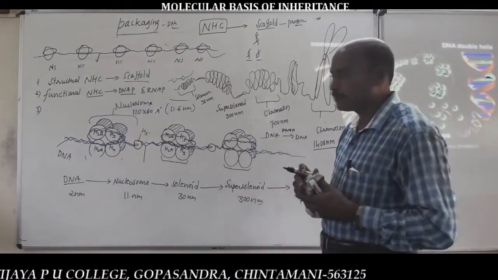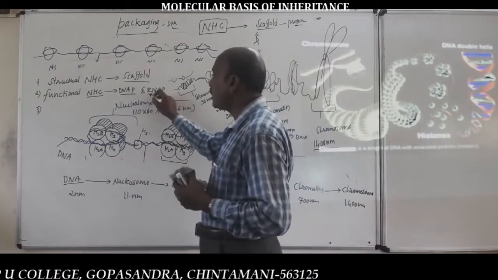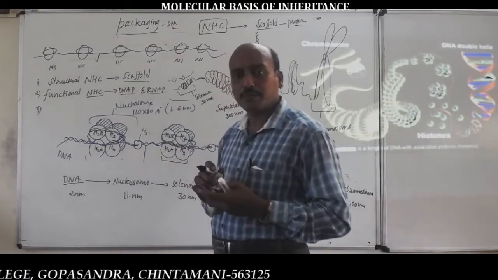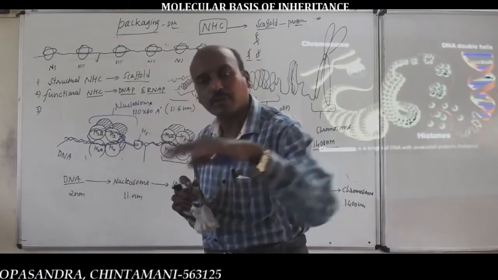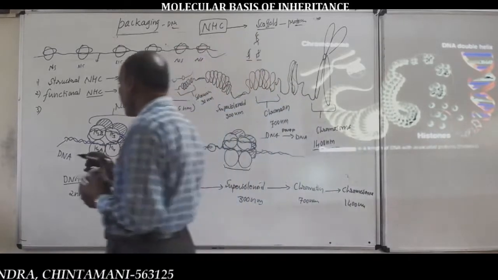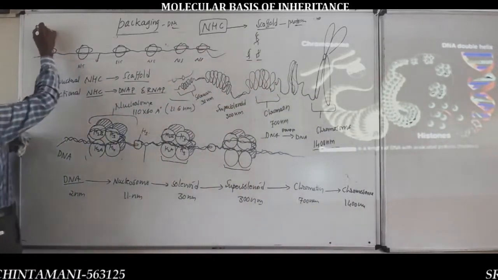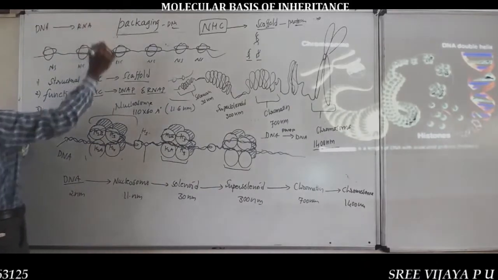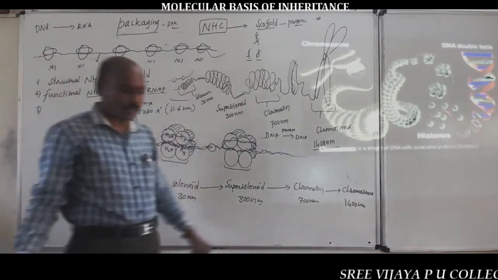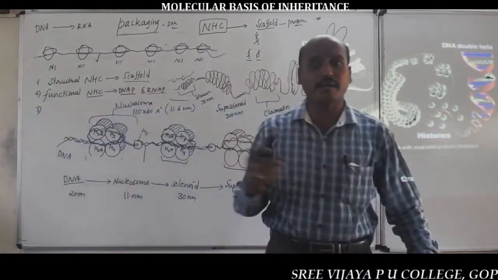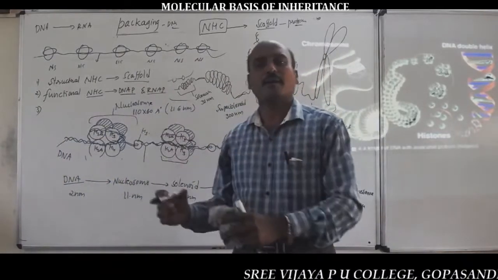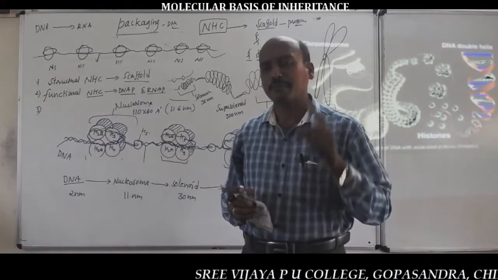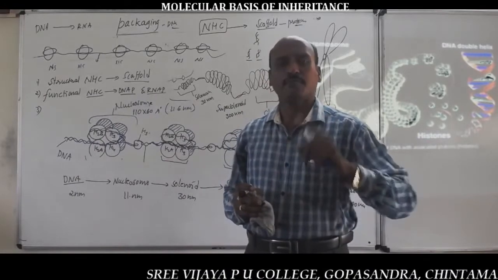In the same way, the RNA polymerase enzyme is responsible for formation of RNA from DNA. During transcription, DNA produces different types of RNA like mRNA, tRNA, rRNA, in the presence of RNA polymerase.